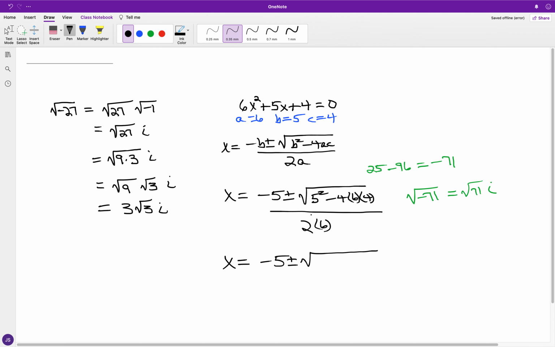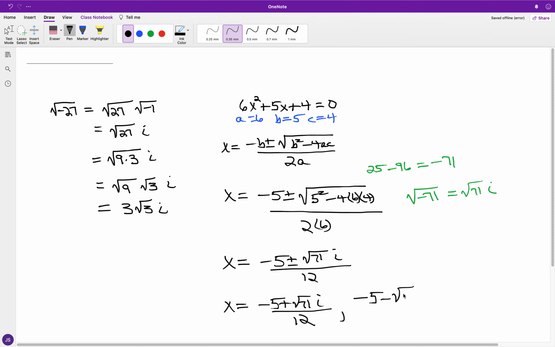So we're going to have negative 5 plus or minus the square root of 71 times i, all over 12, and we can separate, saying that we have negative 5 plus the square root of 71 times i all over 12, as well as negative 5 minus the square root of 71 times i also over 12.